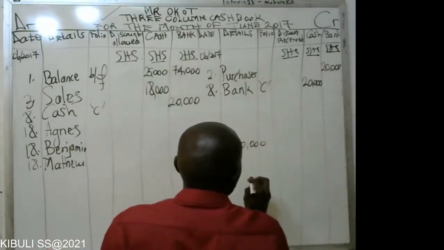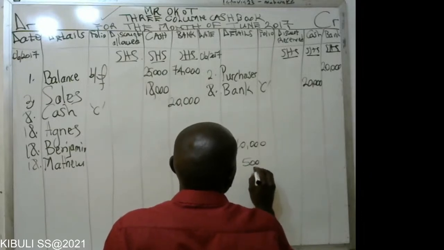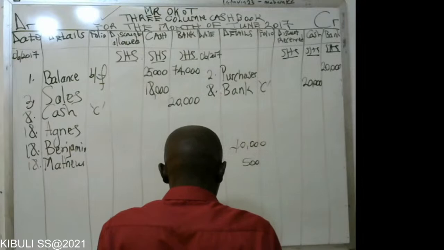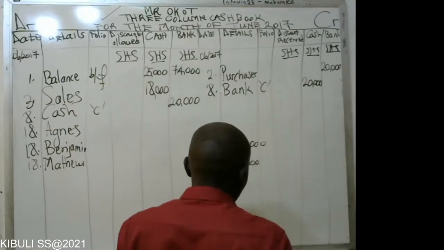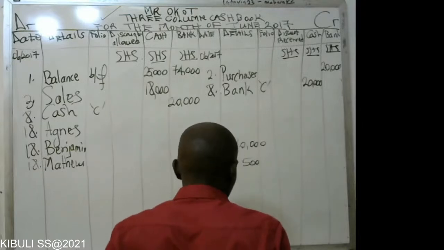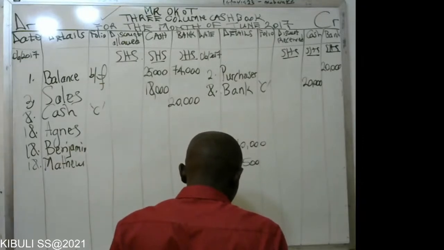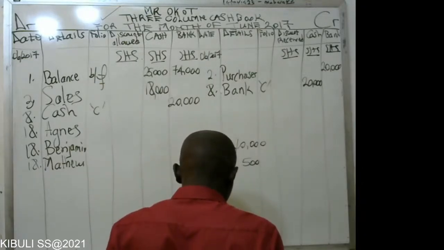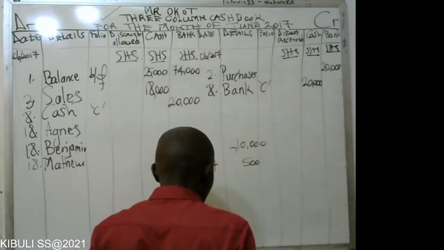That is 500 shillings. Hey, 2,000 shillings. Calculator is not okay. That is 2,000 shillings, not 500. 0.05 of 40. Yes, 2,000.